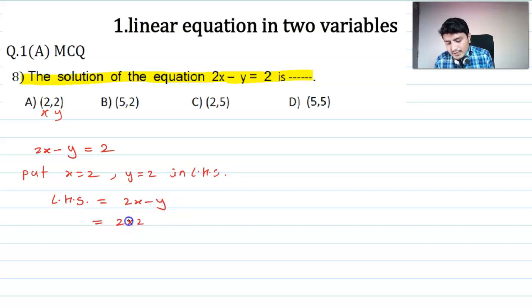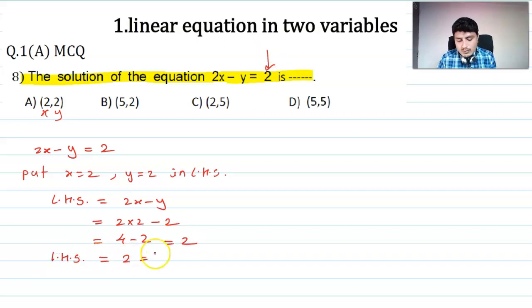Replacing x by 2 and y by 2, 2 twos are 4 minus 2, we get 2, which is exactly the RHS. After simplifying the LHS, we have 2, which equals the RHS. That means we can say 2 comma 2 is the solution of the given linear equation in two variables.